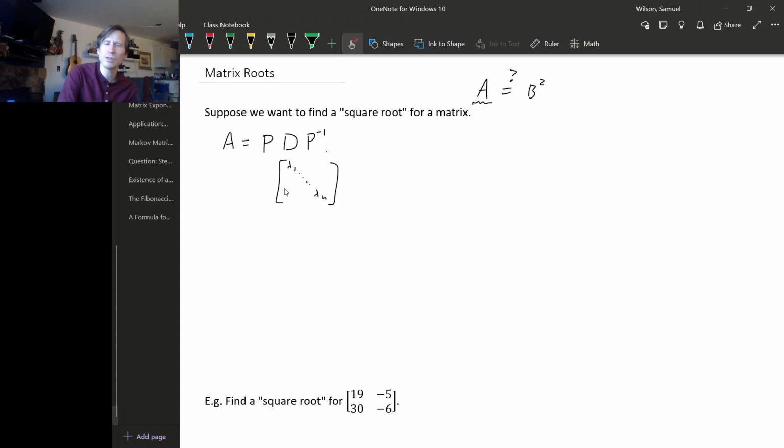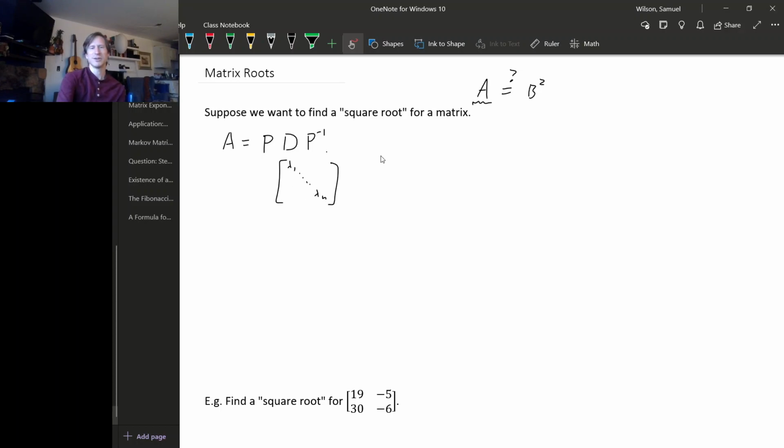Well, the eigenvalues tell you, in the directions where A has eigenvectors, how A stretches those eigenvectors. So if we're looking for a square root, something that when squared gives you A, I guess to make the stretching that A is doing into two steps, we should maybe take the square root of these guys.